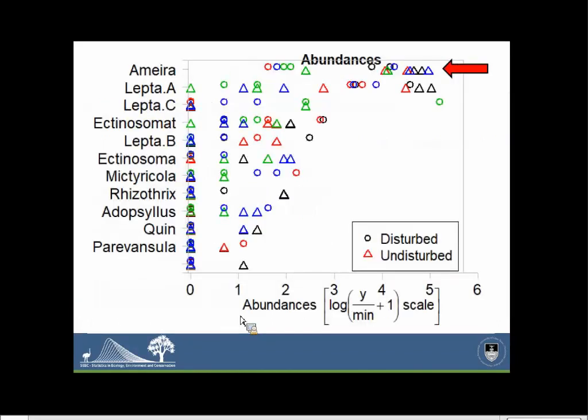But if we look at the abundances again, so now we're looking just at this line with the myriad species, you can see that the disturbed sites always have lower abundance than the undisturbed sites, and within each block, that's true. So here's the green disturbed and the green undisturbed. There's the blue disturbed and the blue undisturbed. So it's nice to be able to look at the actual abundances and then to be able to say, actually, yes, there are these differences in them.